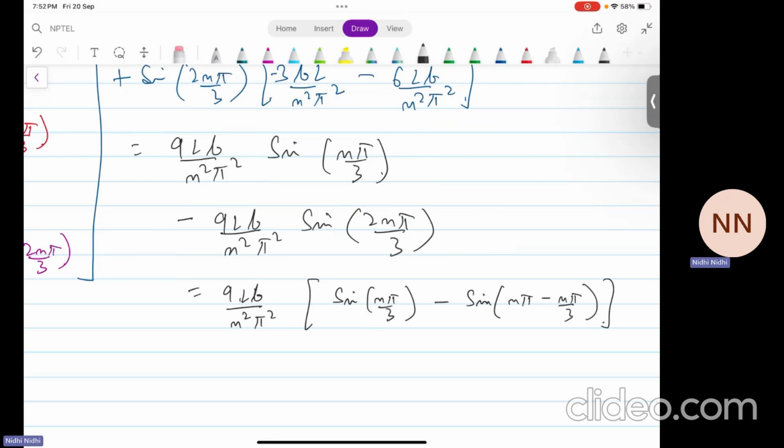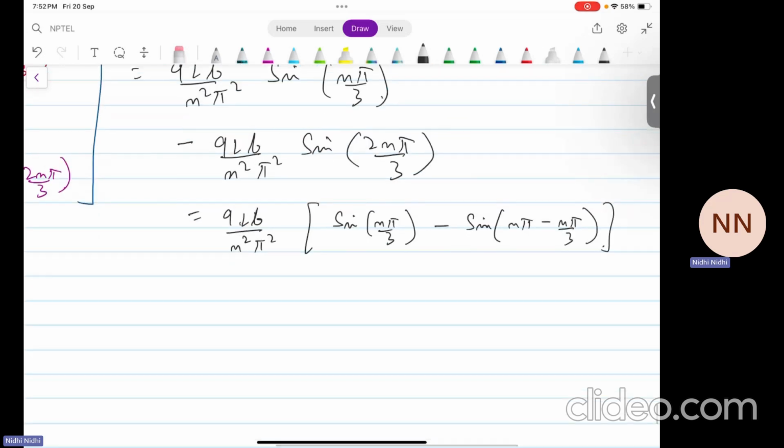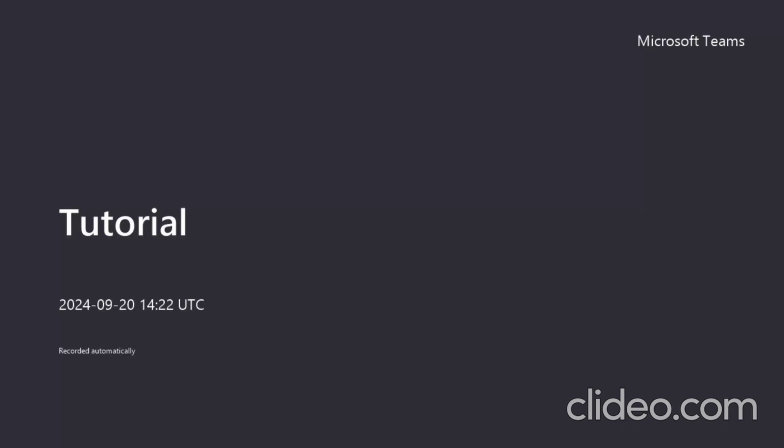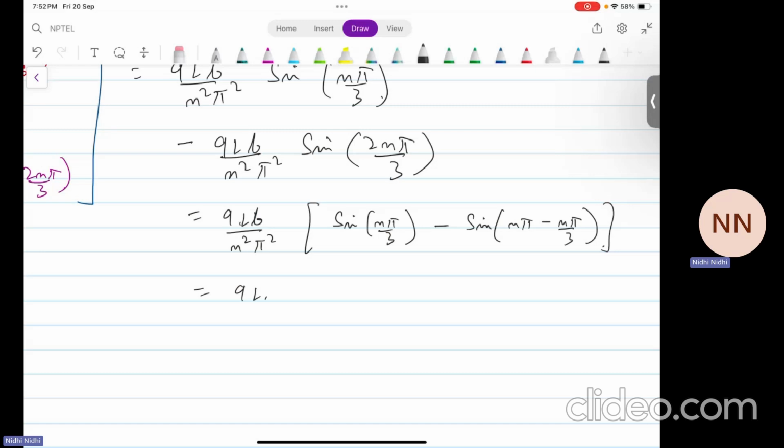Using the identity of sine a minus b, we get 9 lb by n square pi square sine n pi by 3 minus cos n pi times sine n pi by 3, that is minus 1 to the power n times sine n pi by 3.